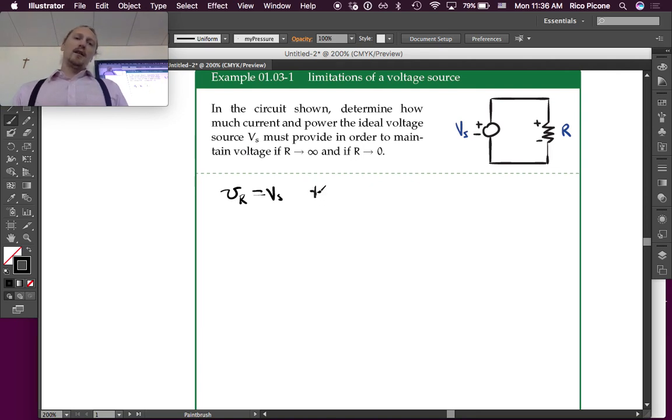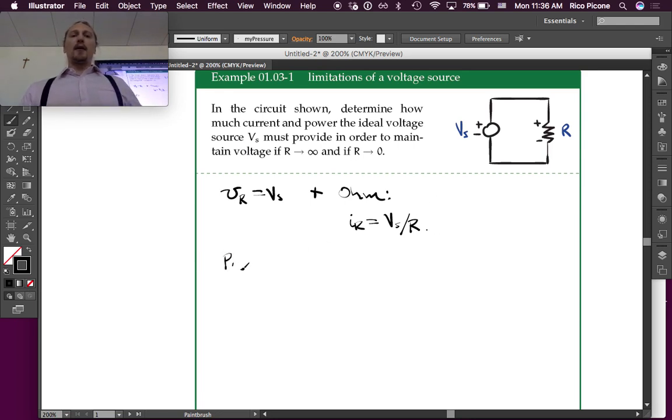And Ohm's law tells us that the current through the resistor is equal to the voltage across the resistor, which is Vs, divided by R. Okay? What about the power?